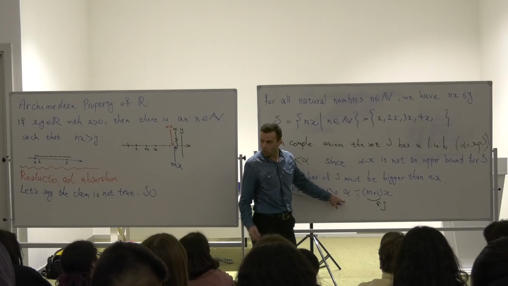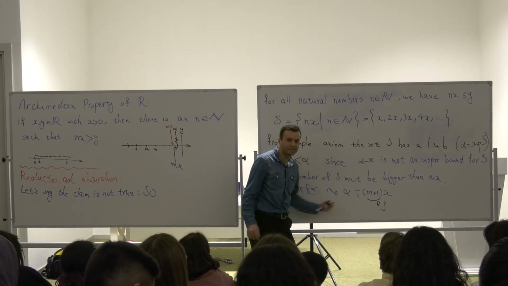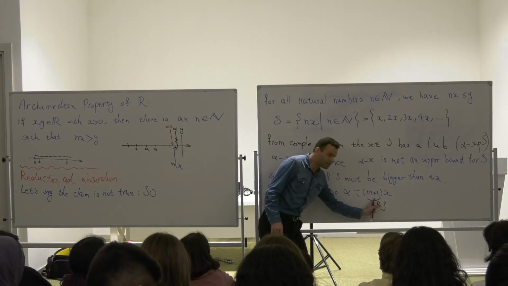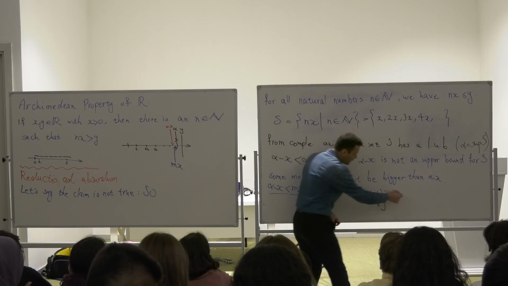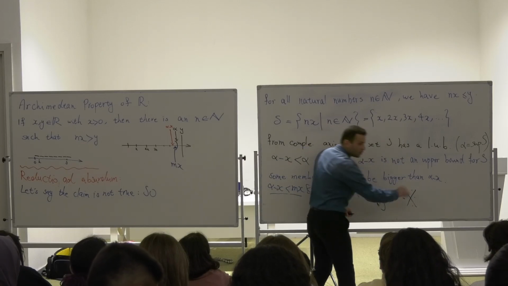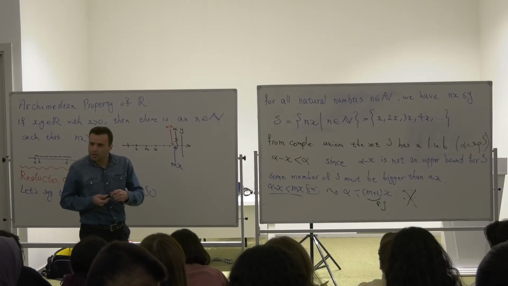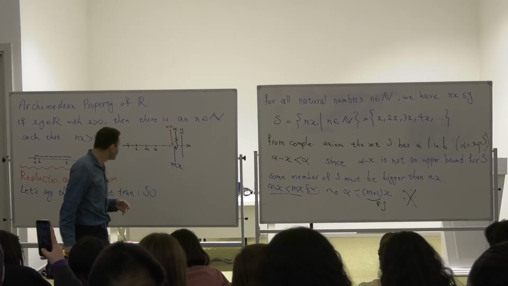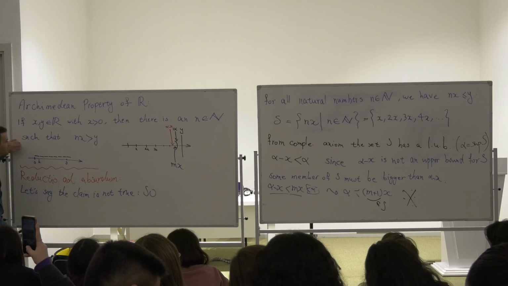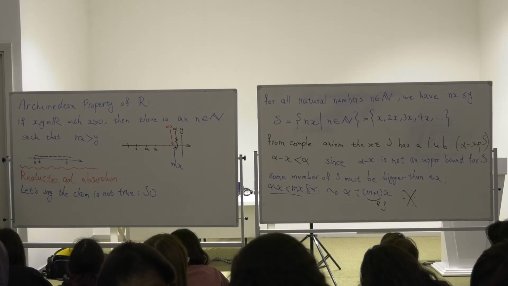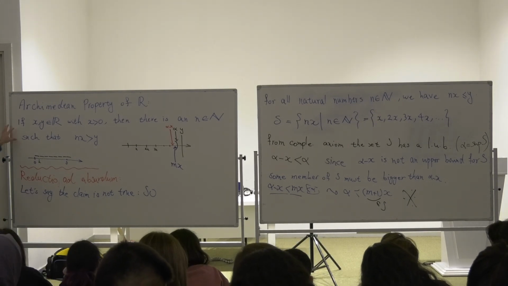Upper bound means that all of the other elements must be smaller than or equal to this. So this is a contradiction. This is something absurd. From where is this absurd thing coming? From the assumption that this claim was not true. Which means that now this claim is actually true.